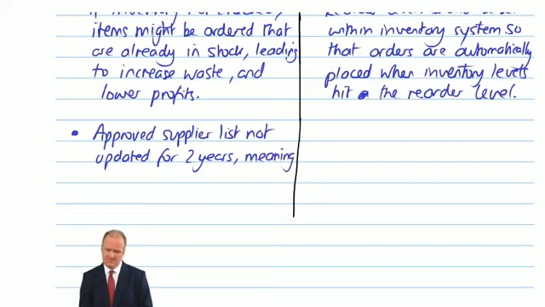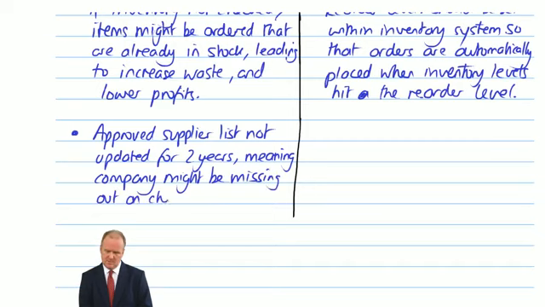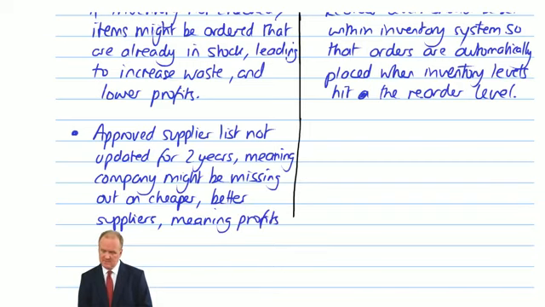Meaning the company might be missing out on cheaper and better suppliers, meaning profits are lower than they could be.